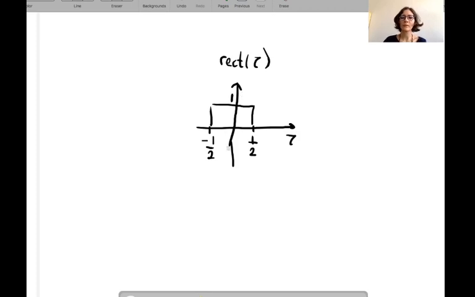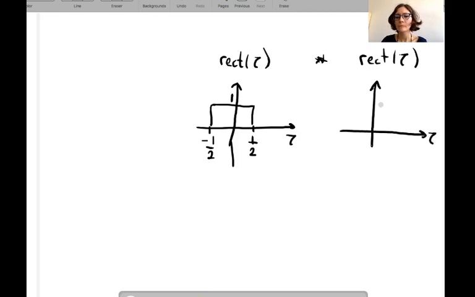So this is the rect function. Now, if I take it and convolve it with itself, let's just redraw the same function in here. So what am I going to get? I know that I should get a triangular function.